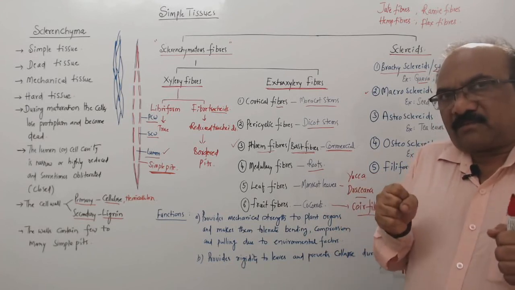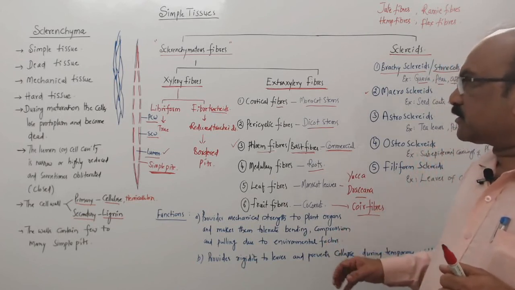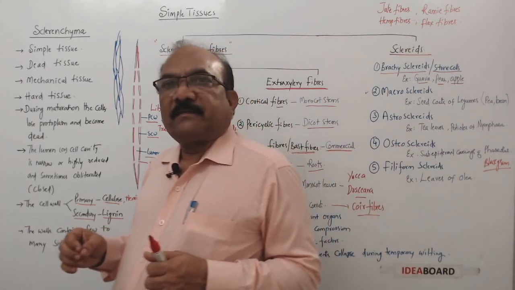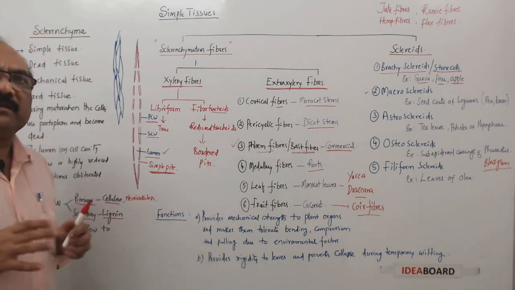So they still have strength due to the presence of the sclerenchyma. So these are the functions of the tissue sclerenchyma, and with that we have completed the simple tissues.